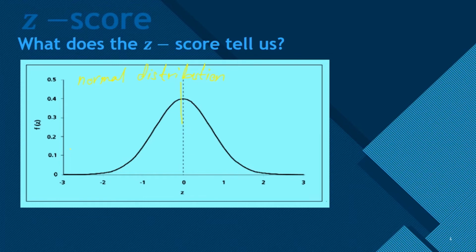Anong tinutukoy niya na above or below the mean? Okay? Tinutukoy niya dito. Positive or negative. Okay? Above the mean, below the mean score. O di kaya sa madaling salita, the z-score specifies the precise location of each x value within a distribution.